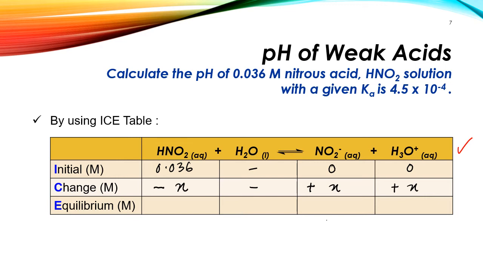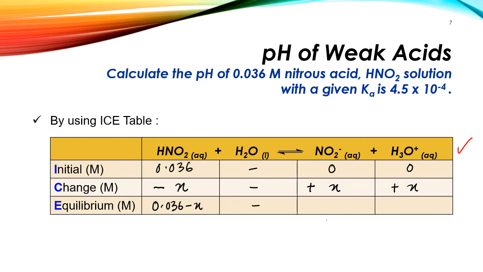Now we can determine the equilibrium concentration after the reaction. The equilibrium concentration of the nitrous acid remaining at the end of the reaction is 0.036 molar minus its dissociated amount X. H2O is not counted in the dissociation.